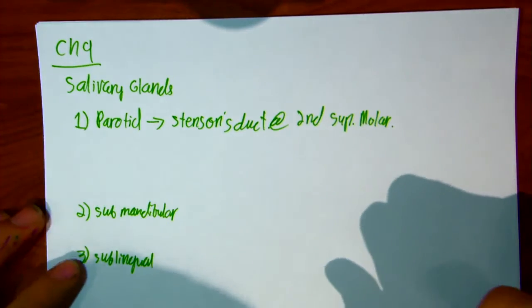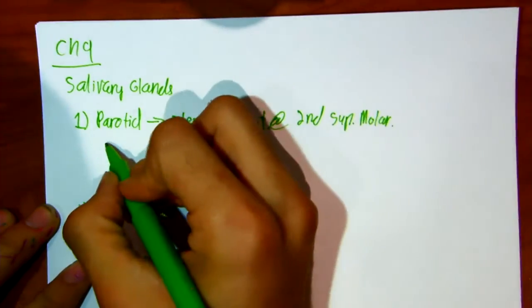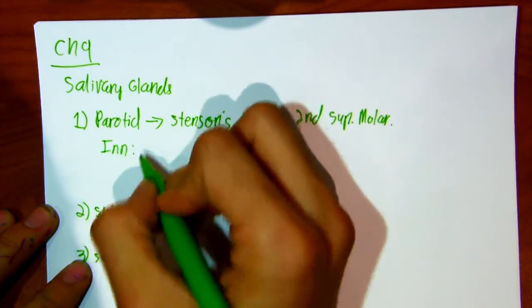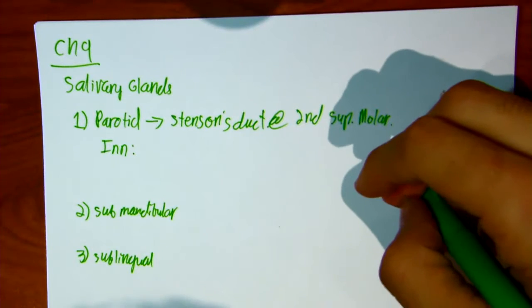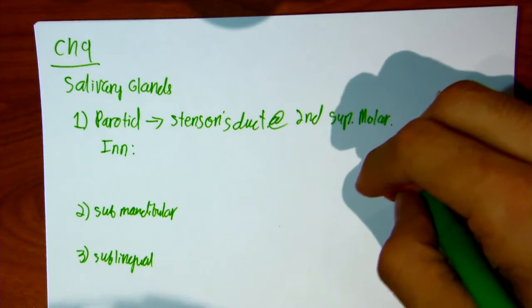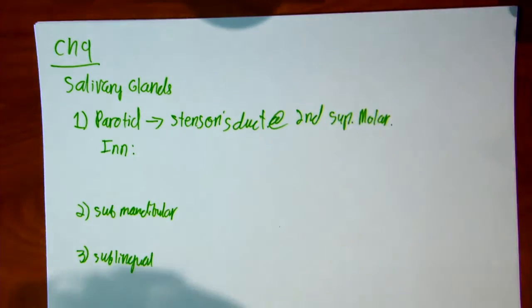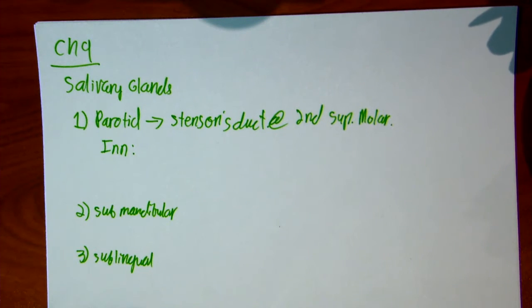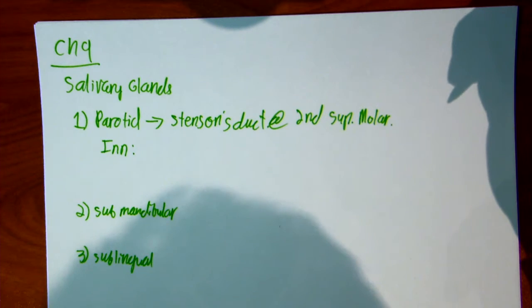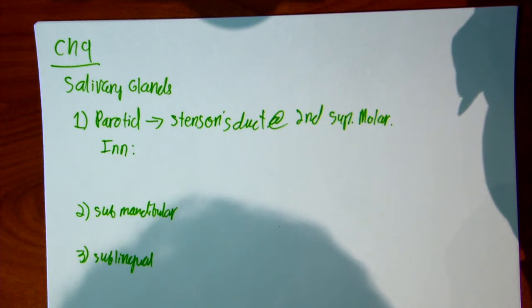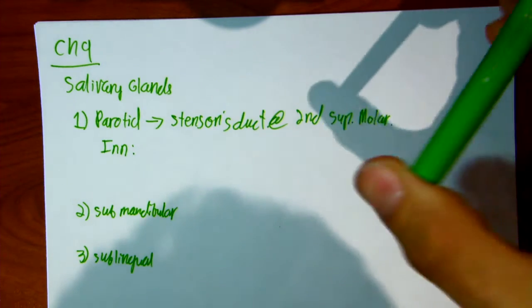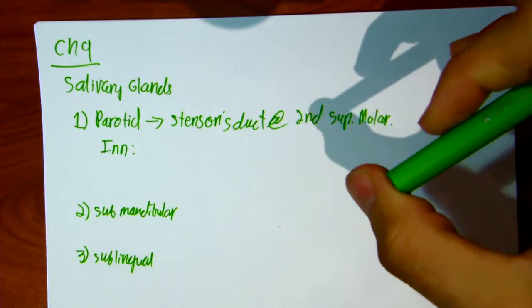All right. Excellent. So let's talk about the innervation for the parotid gland. What's the innervation? Let's start from the nucleus. Which salivatory nucleus will have innervation to this gland? Say it again.